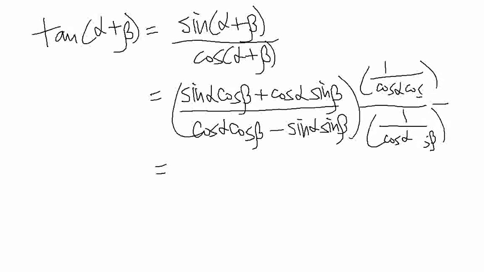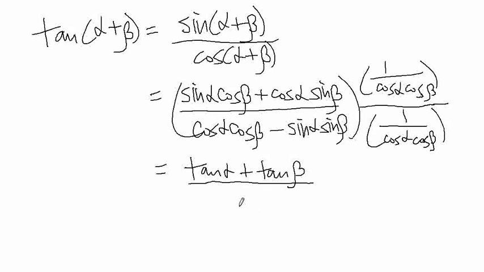Okay, so the first term in the numerator becomes, after the cancellation, a tangent of alpha, and the second term in the numerator becomes tangent of beta.